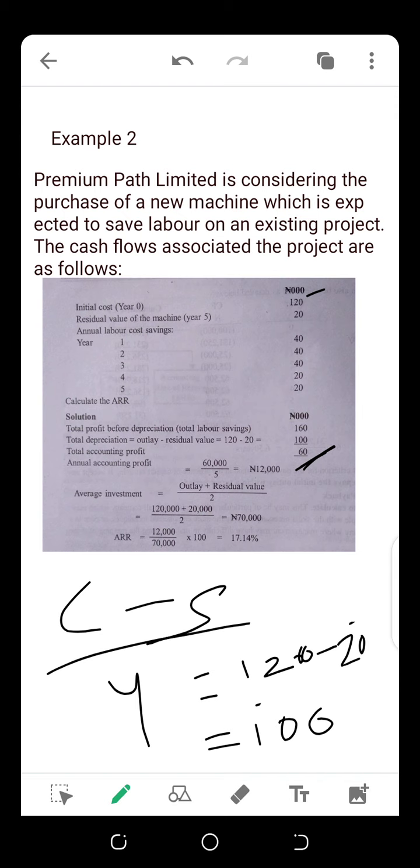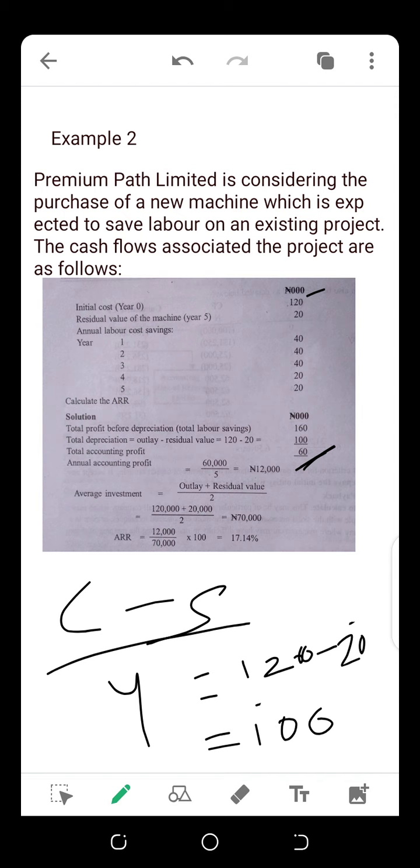If depreciation had not yet taken place, then we should still have 120, and we would know that there is no depreciation in this savings. But here we see that there is depreciation in the savings, right? So what you just need to do is deduct depreciation from the total savings so that you can arrive at the profit after depreciation.